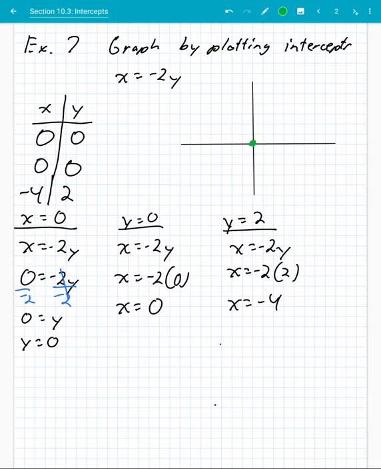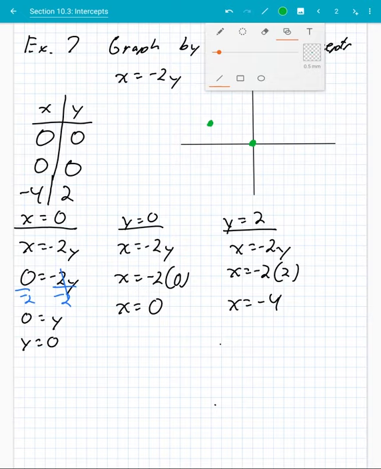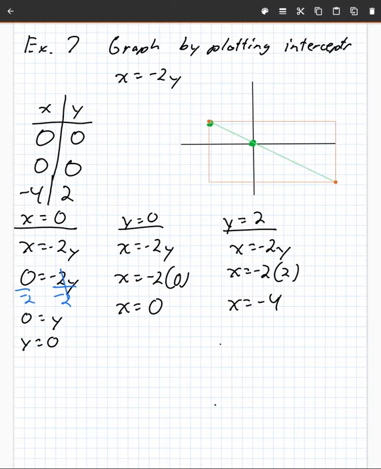And then we have negative 4, 2. 1, 2, 3, 4. And then up 2. That would be where our other point is going to be. Then go ahead and trace them out. Going to go ahead and stretch it out a little more. And there you have it.